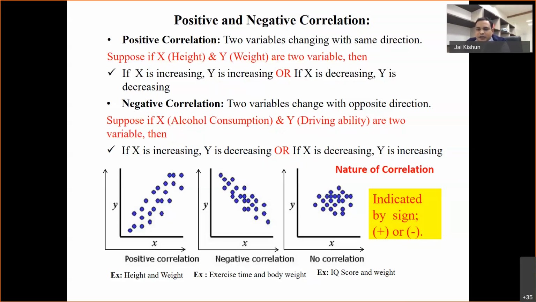If they increase the alcohol consumption, their driving ability will be reduced. Or simply, we can understand it this way for two variables: if x is increasing, y is decreasing, and if x is decreasing, y is increasing.